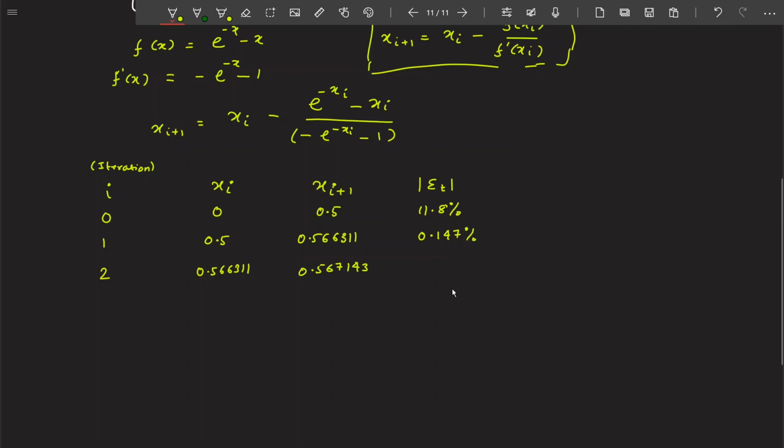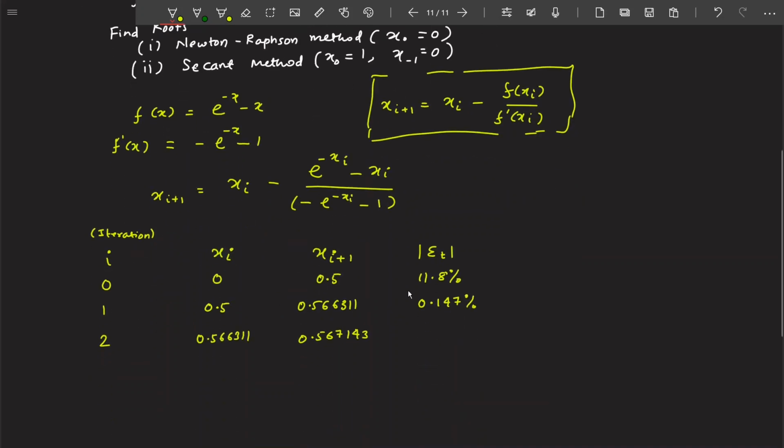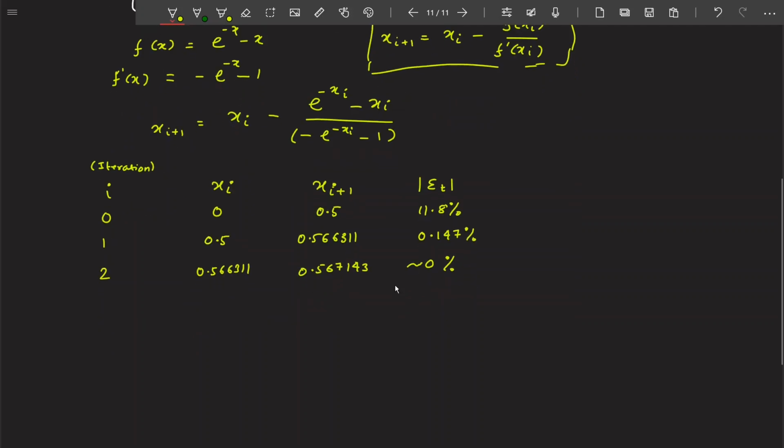Okay, which is approximately, if you see, in fact it's very close to 0, or it's almost 0. So it's almost 0%. Obviously I have truncated the number at this point. If I would not have truncated, then there would have been some value of percentage error, but for this it's going to be 0.